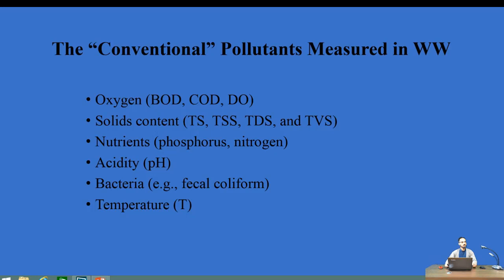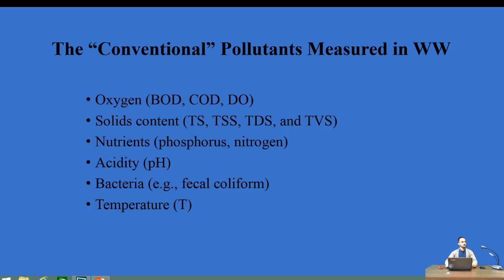Another parameter is COD, for measuring the contaminants in the wastewater, and it is the abbreviation of chemical oxygen demand. And also DO, which is dissolved oxygen. It is another parameter that could be used to check if the water has sufficient dissolved oxygen or not.